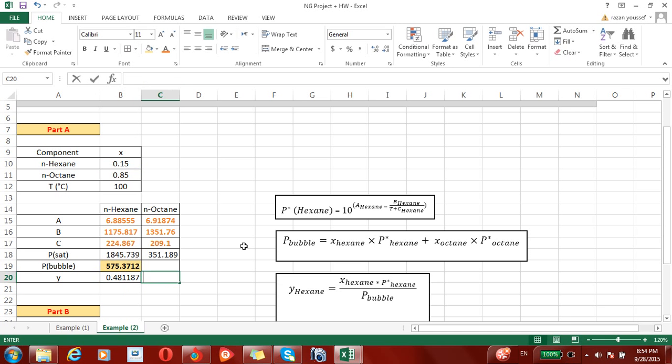Same thing for the octane: X of the octane multiplied by the saturated pressure of the octane divided by the bubble point pressure that you found for this mixture. Okay, so these are my values, and by this I ended part A.